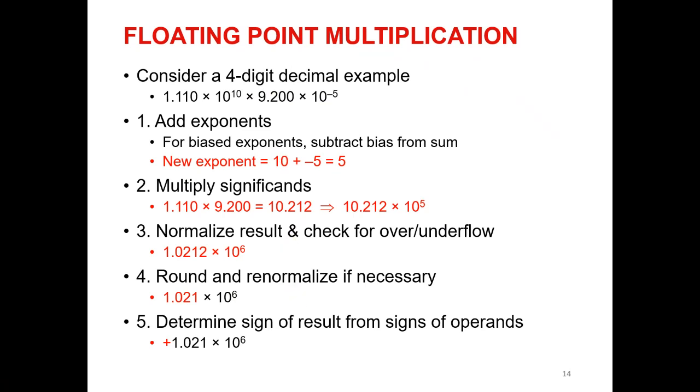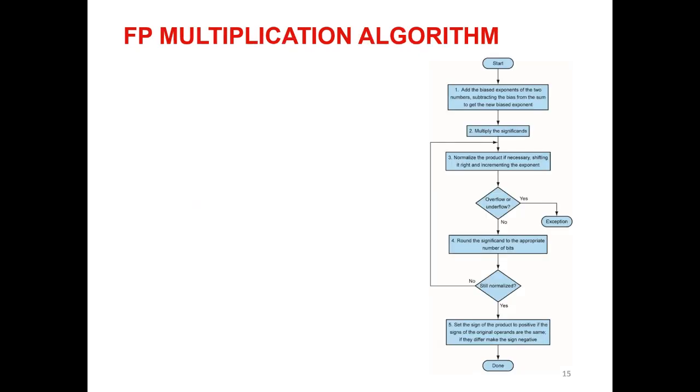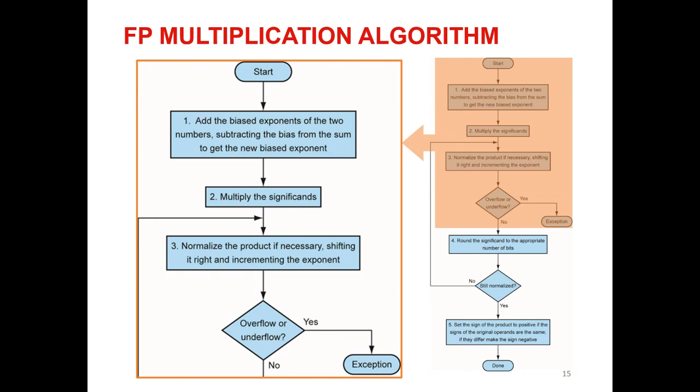So let's see this in a more formal way. These are the same 5 steps we have just done in the previous example, but in a more formal way. First of all, as we have mentioned, we handle the exponents. Remember that in the floating point standard that we have seen, the IEEE 754, we are using biased exponents.